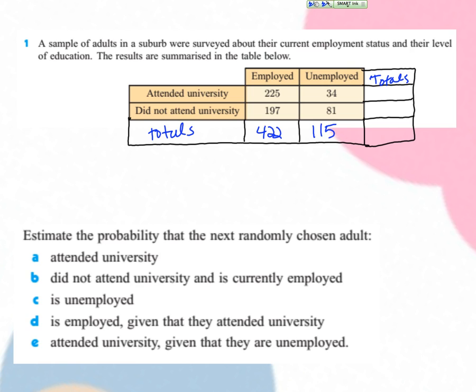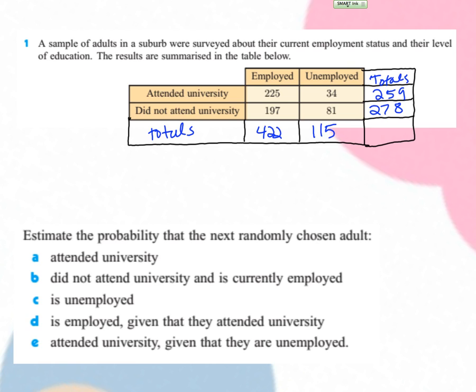When I add up straight across, 225 plus 34 gives me 259 people who went to university. And then 197 plus 81, 278 people did not go to university. They did not go on to college.